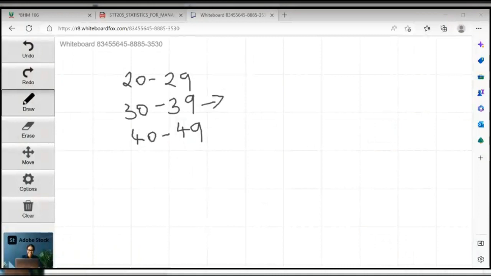How did you get it? 29 plus 30, then I divided it by 2. Yes, 29.5. So it should be this way.